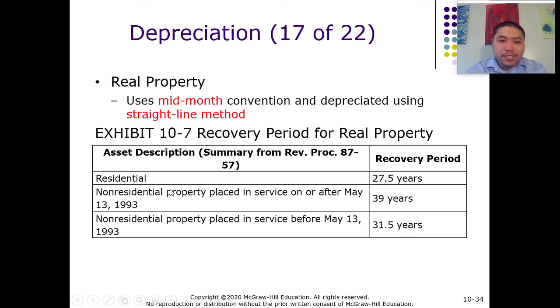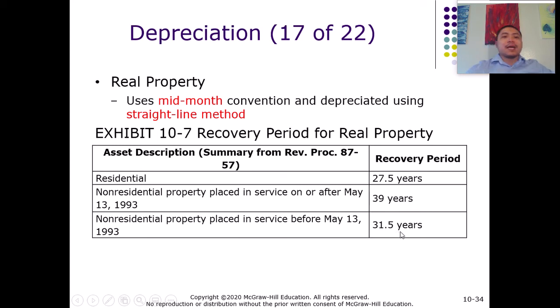For residential properties, the recovery period is 27.5 years. For non-residential properties placed into service after May 13th of 1993, the recovery period is 39 years. If the non-residential property was placed in service before May 13th of 1993, then the recovery period is 31.5 years.